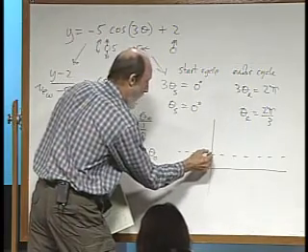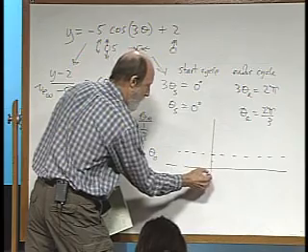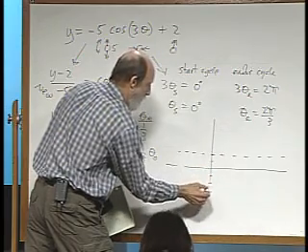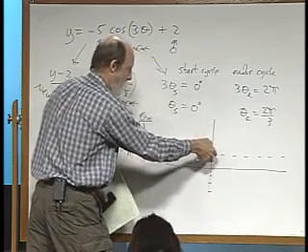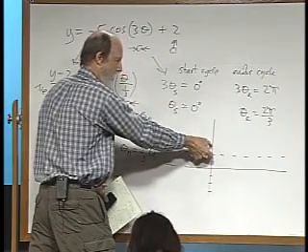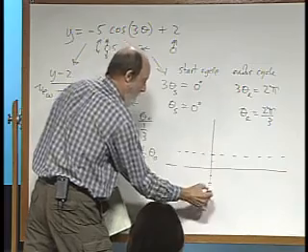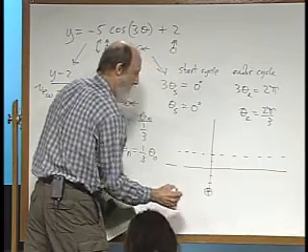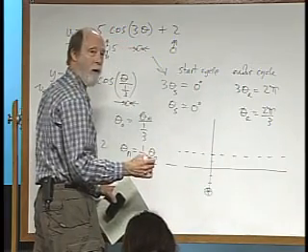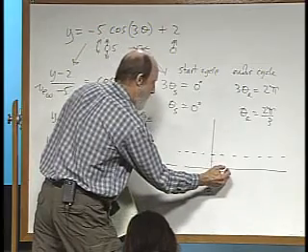I want to go 5 below the axis because, as you just said, this thing has been turned upside down. Normally it would start up on a crest at 1, but we've made it 5 times as much and turned it upside down. So it's actually going to start down here.